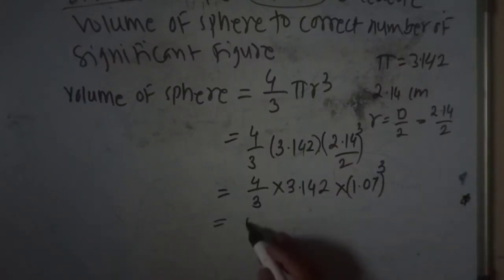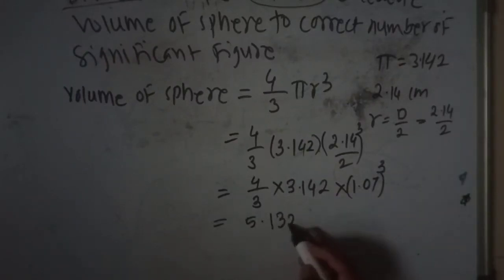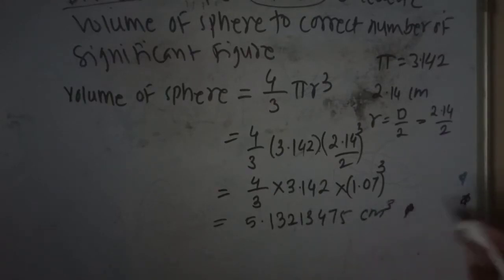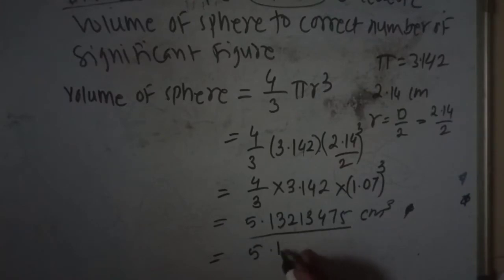It may be 5.13213475. This is multiplication and division. When we calculate this answer by calculator, we obtain all these digits. In multiplication or division, the final result should retain as many significant figures as there are in the original number with the least significant figures. Which is the least significant number? This is 5.13 and the unit is cm cube. It is our first numerical.